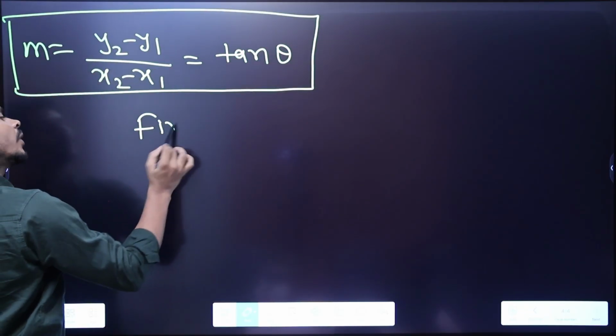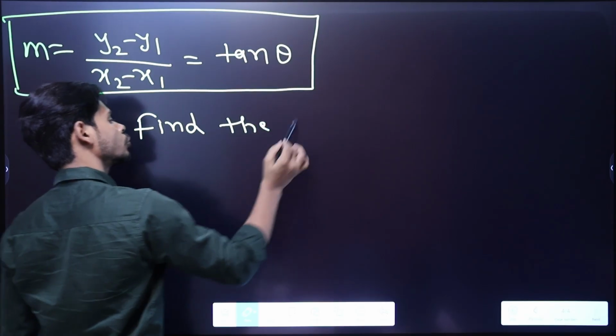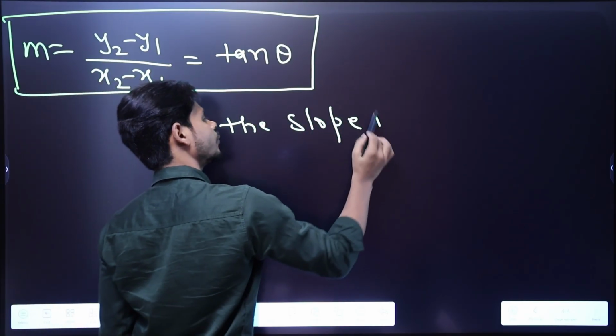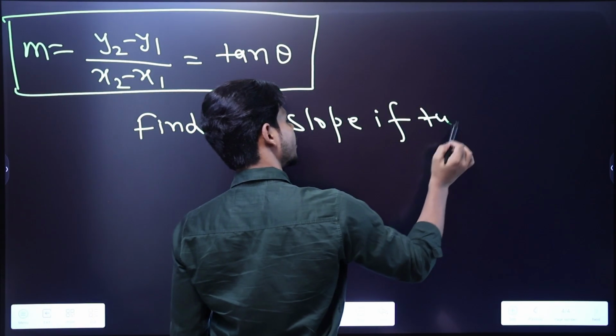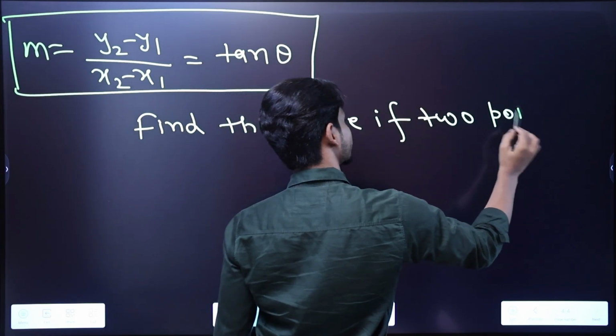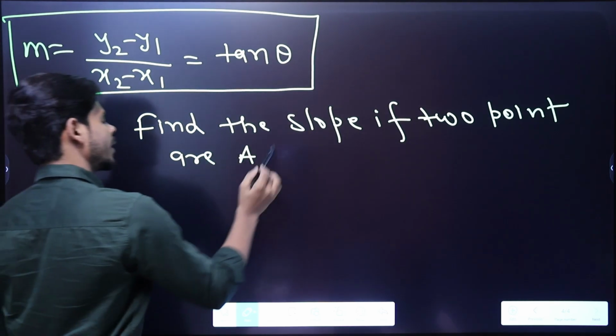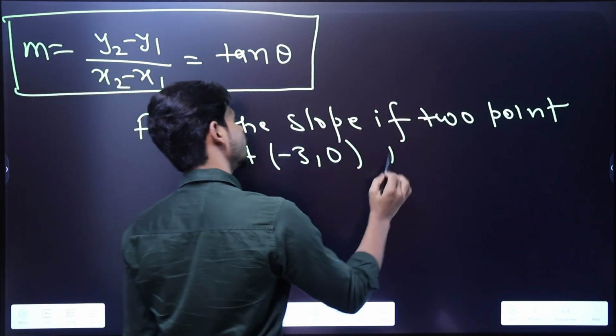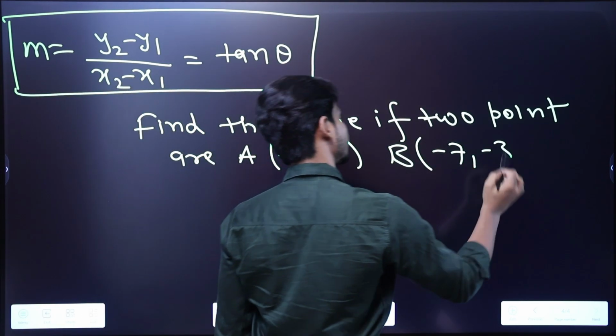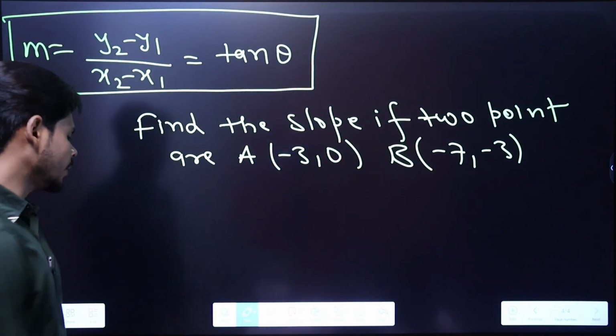Next, they will give you questions to find the slope. Find the slope if two points are given. Let's say point A is minus 3 comma 0 and point B is minus 7 comma minus 3, and we need to find the slope.